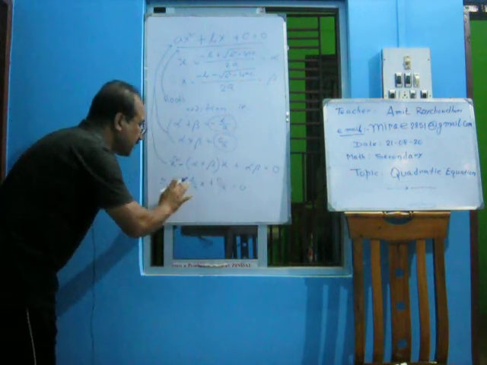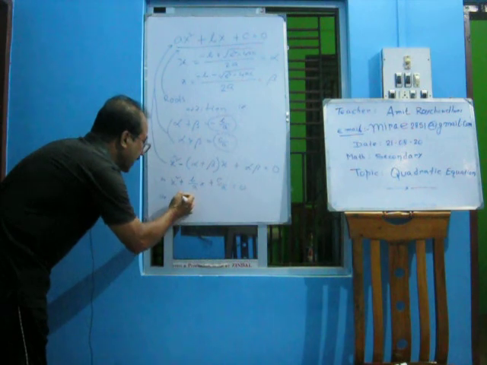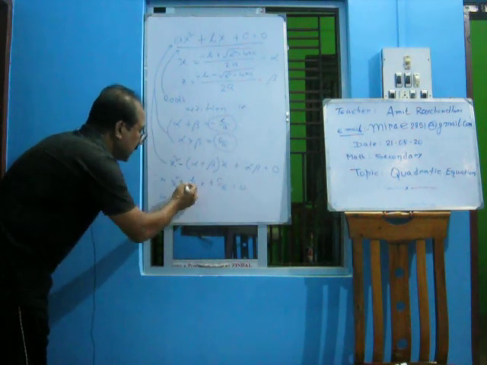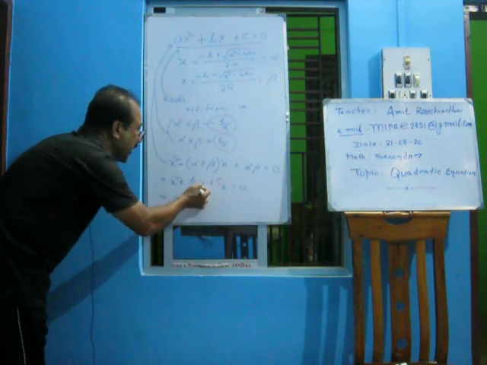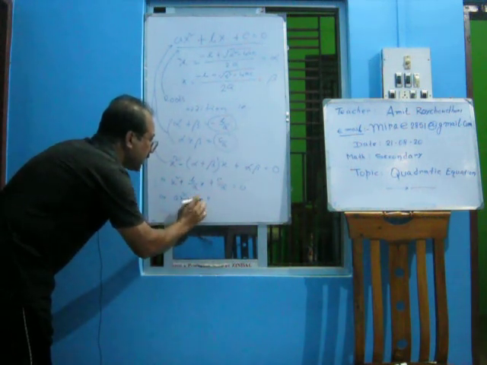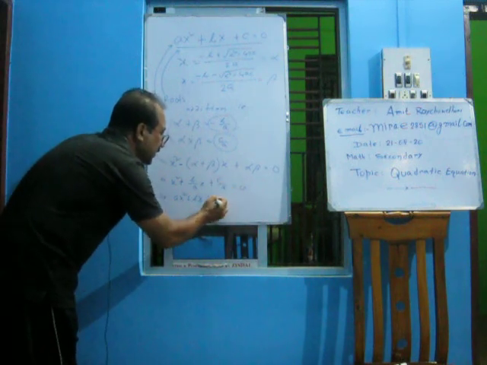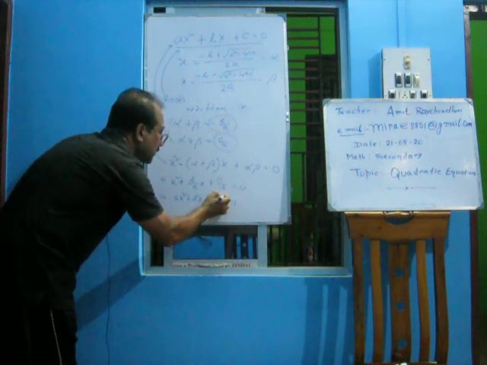Now if I multiply both sides with a, what comes? Ax square. Then once it is multiplied by a, it is neutralized, so it is bx. Once it is multiplied by c by a, it is c equal to 0.